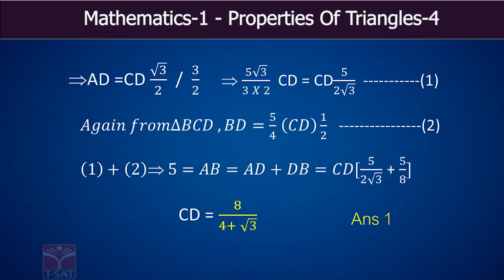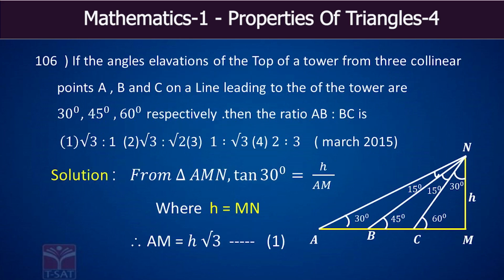Again from triangle BCD, BD is equal to 5 by 4 into CD, equation 2. Now adding 1 and 2, 5 is equal to AB is equal to AD plus DB, which is CD into (5 by 2 root 3 plus 5 by 4). So that will give you that CD is equal to 12 by (4 plus 3 root 3). So option number 1, 106.